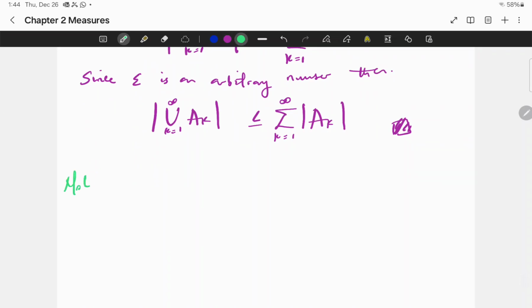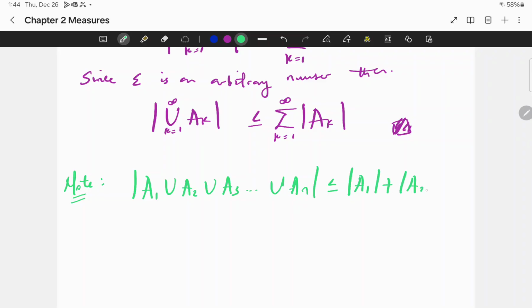Note that the countable subadditivity implies that the outer measure of A1 union A2 union A3, and so on, will be less than or equal to the sum of the outer measures of the individuals, which is actually a nice property.